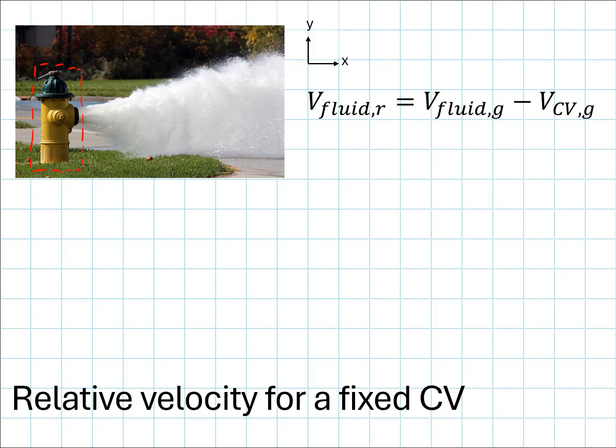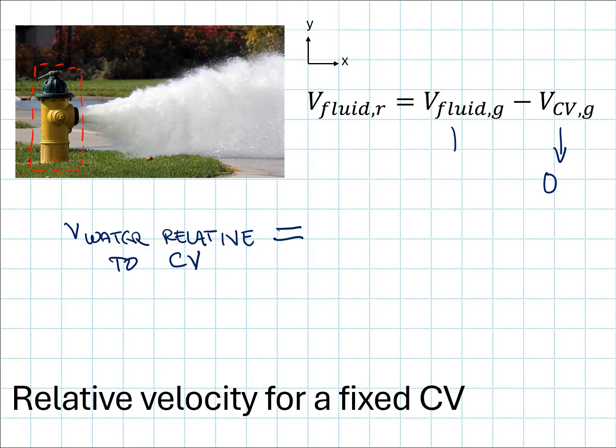And so if I want to express the velocity of water relative to the control volume, I can see that's going to be equal to the velocity of water relative to the ground minus the velocity of the control volume. And so the velocity of the control volume I know is 0 because my fire hydrant isn't moving.